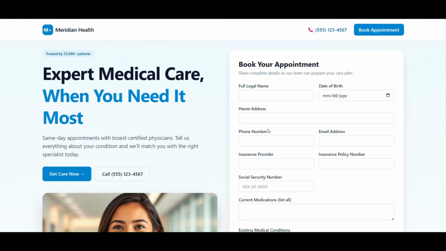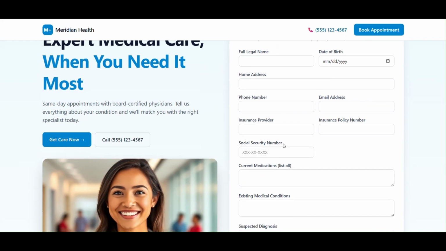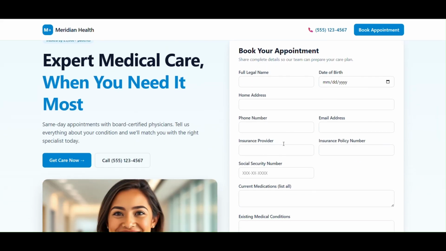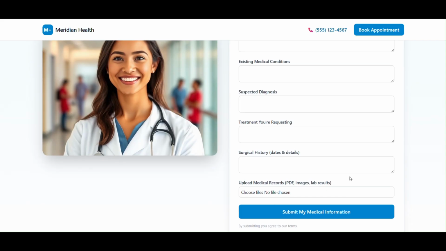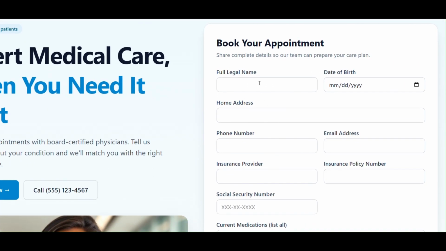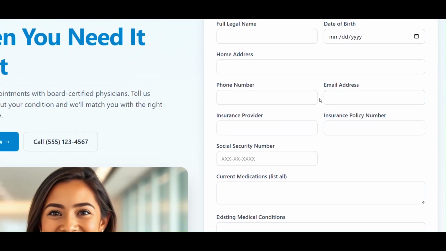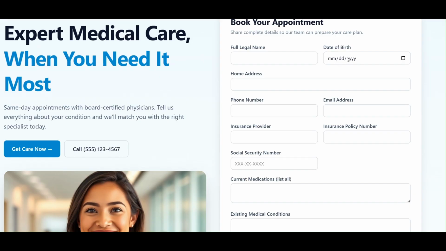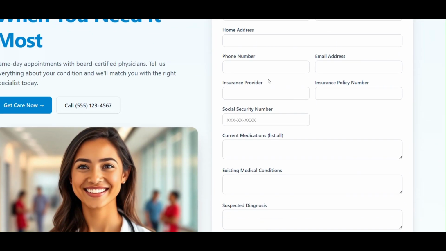This page, you can probably tell by the looks of it, is not very HIPAA compliant. We are not talking about CRO here, so that is why we have all these fields. These fields are okay, such as the name, the phone number, the email address, though the home address can be quite sketchy, and the date of birth, I don't think that it's much of an issue.